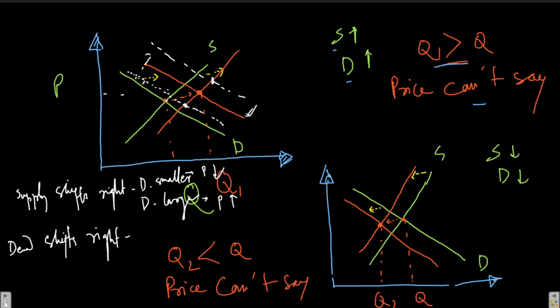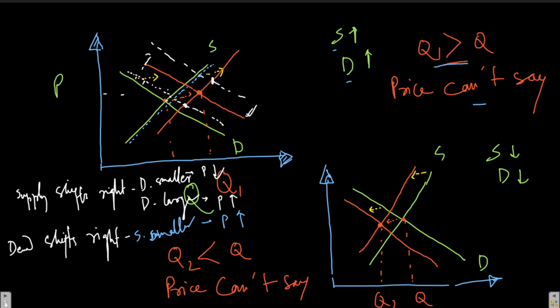Let's say I will use this blue color, and supply, first let's say the supply has shifted very little. Now I have a lot of demand increase, but my supply increases a little less, relatively less. So of course the price will be higher. So supply smaller, so price is going to go up.